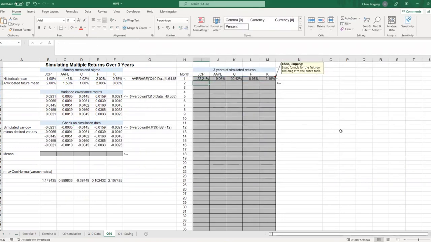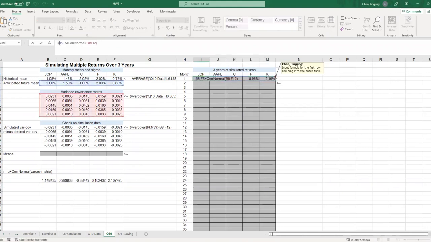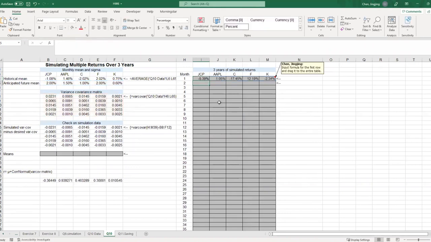Enter, and now it becomes just one row. Then I fix the parameters for mu and fix the variance covariance matrix. Enter, drag it down.